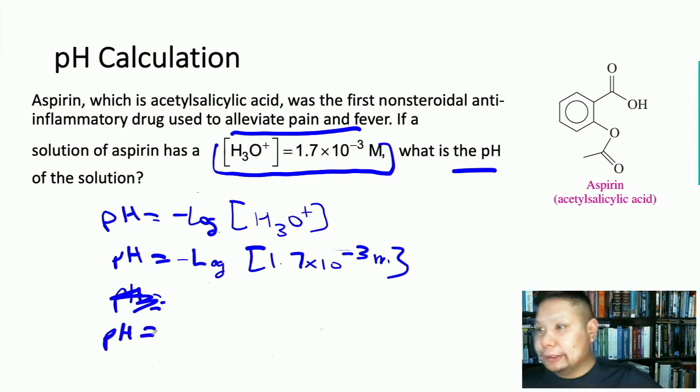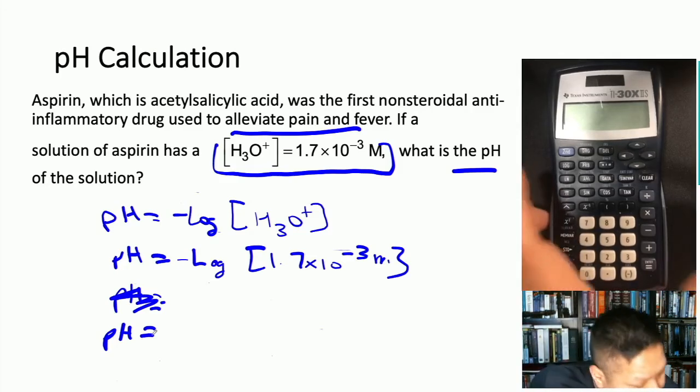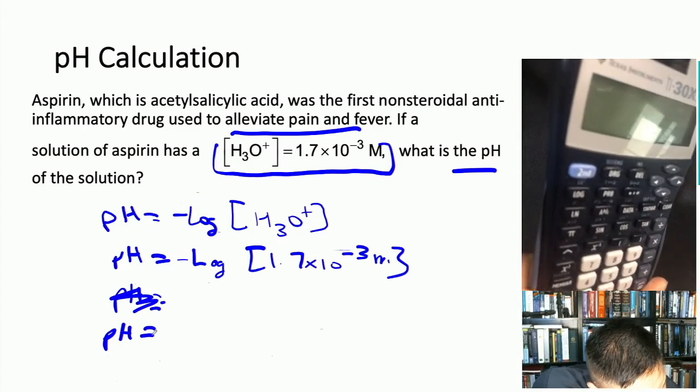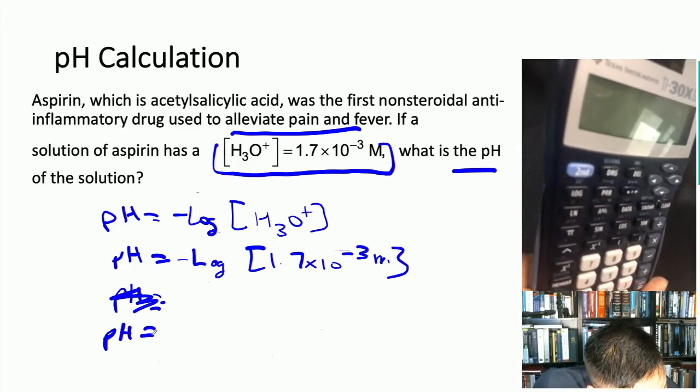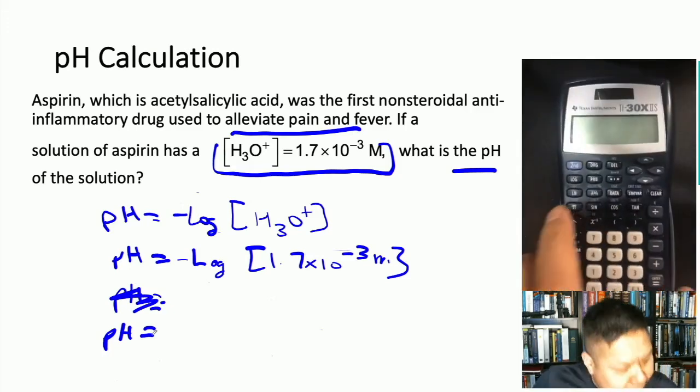So let's look at the calculator real quick. Calculator screen. There we go. So negative log is right there.